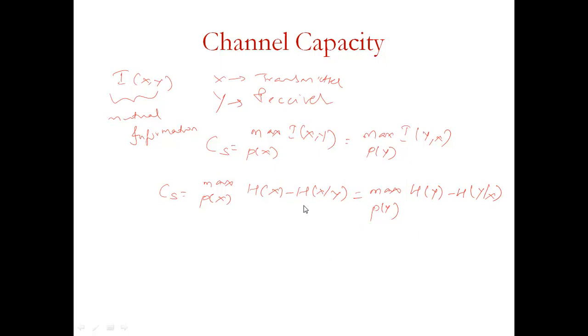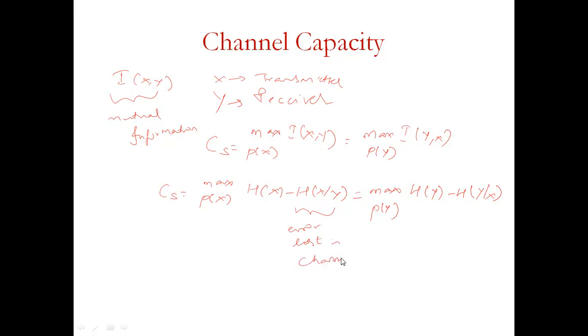Here H of x is the entropy, or average information, at the transmitter or sender side. H of y is the average information received by the receiver side. H of x given y is the error lost in the channel, or conditional entropy.